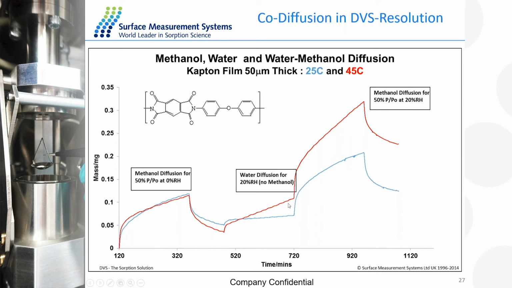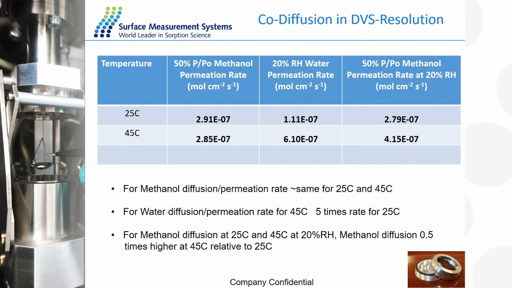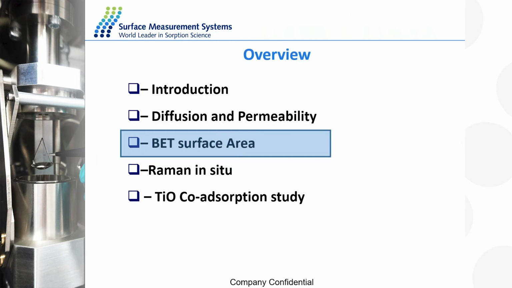And this is probably because water is helping the glass transition phenomenon and helping methanol going through the membrane of the sample itself. Obviously we can calculate the diffusion parameter of each component at each temperature, and then the association of the two components at each temperature. So this is a simple example of a single component study and a multi-component study.